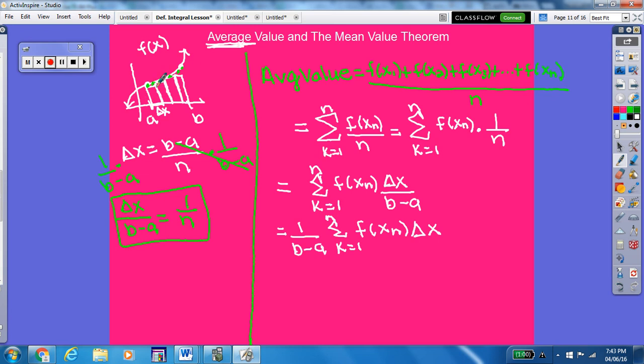We want all the y values, all the heights of those rectangles. So the way that we do that is there's an infinite number of them. There's an infinite number of y values here. So what we're going to do is go ahead and take the limit. This is still the same thing, but it's now going to be the limit as n goes to infinity. That way we have an infinite number of them.